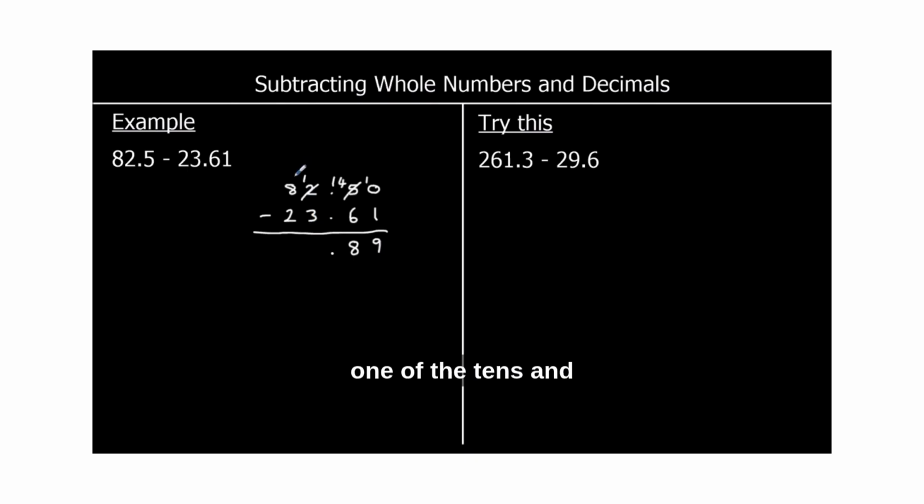So I'll steal 1 of the tens, and that's worth 10 in the ones. 11 take away 3 is 8. And 7 take away 2 in the tens is 5. So my answer is 58.89.